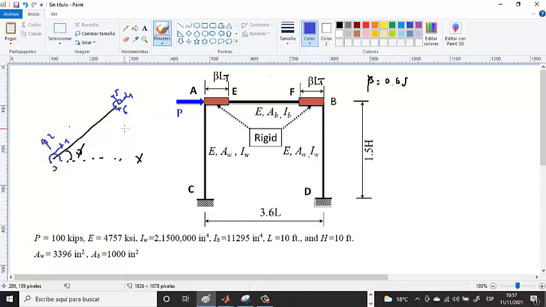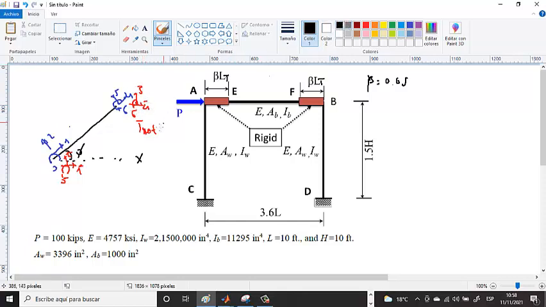But in order to have the same coordinate system, we need to transform these degrees of freedom to the global coordinate system. Once we use the rotational transformation matrix, T rotational, we will have these new degrees of freedom, which are called 1 bar, 2 bar, 3 bar, 4 bar, 5 bar, and 6 bar.